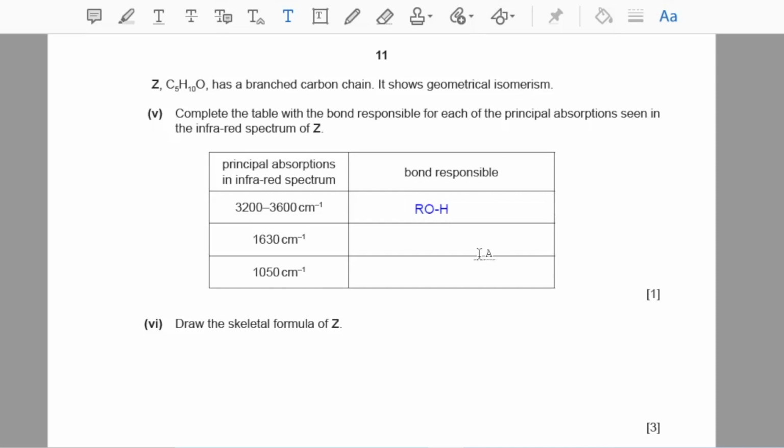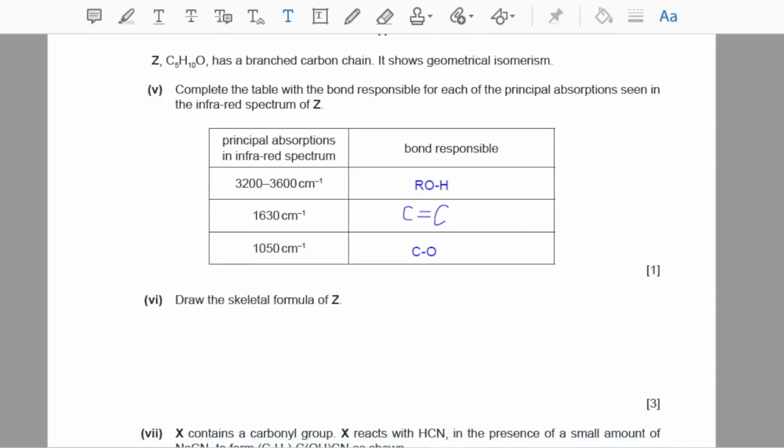R indicates that any methyl, ethyl, or any alkyl group is present on the left of the oxygen atom. The bond responsible for the 1630 per centimeter peak is the double bond between carbon atoms. The bond responsible for the 1050 per centimeter peak on an infrared spectrum is carbon single bonded to O.